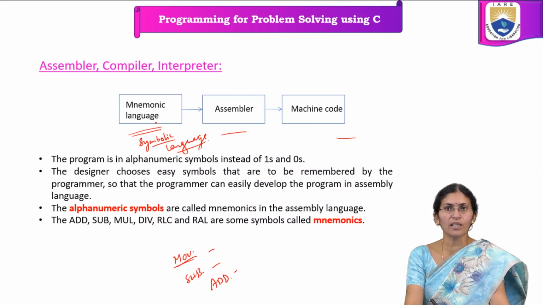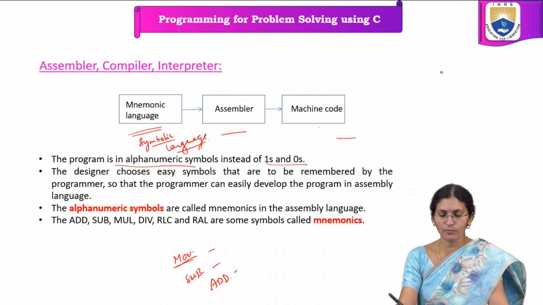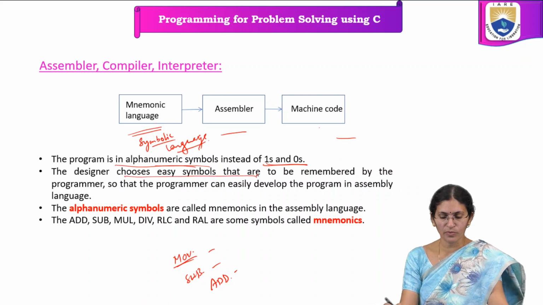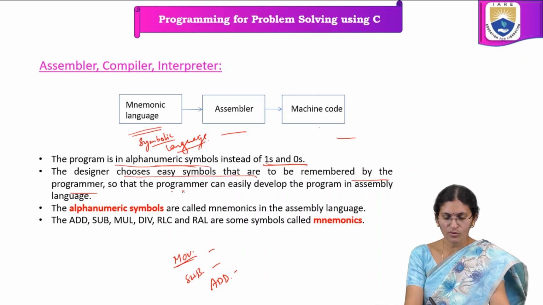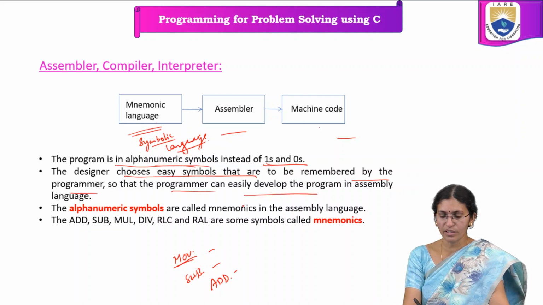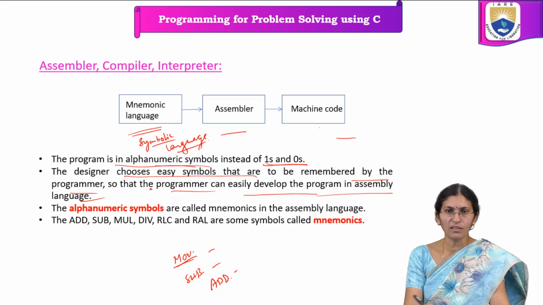Assembler converts mnemonic language to machine code. The program is in alphanumeric symbols, whereas in machine language the program was in terms of zeros and ones. Symbolic language is more user-friendly. The designer chooses easy symbols which are easy for the programmer to remember, so that programs can easily be developed in assembly language.